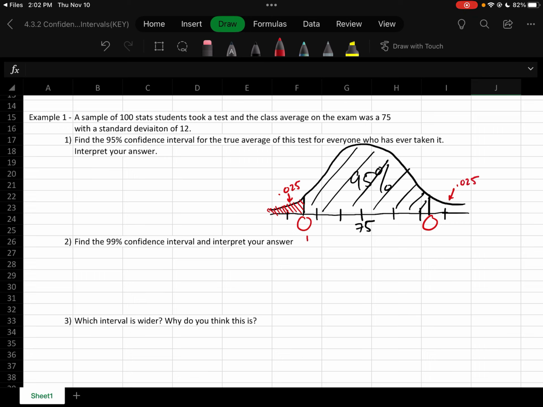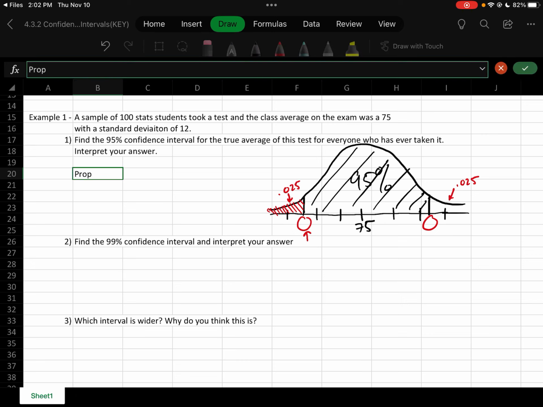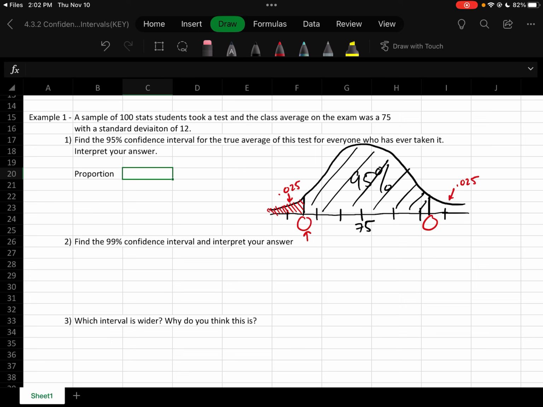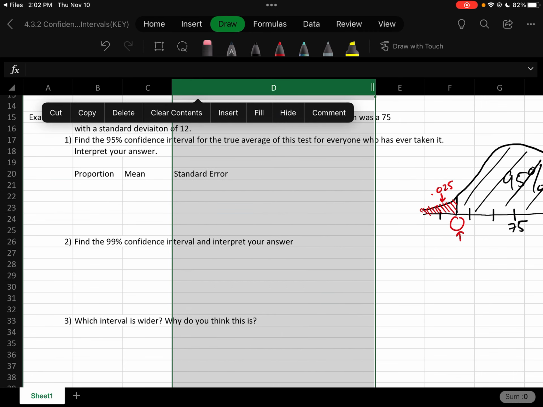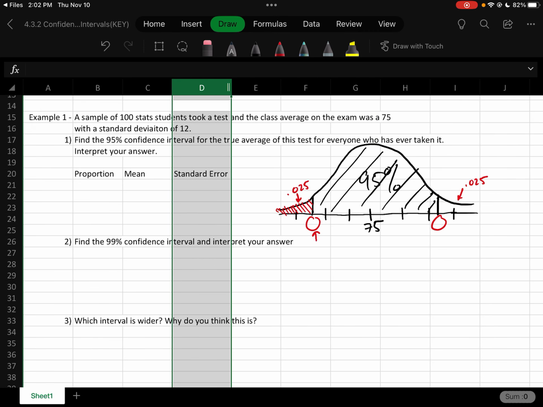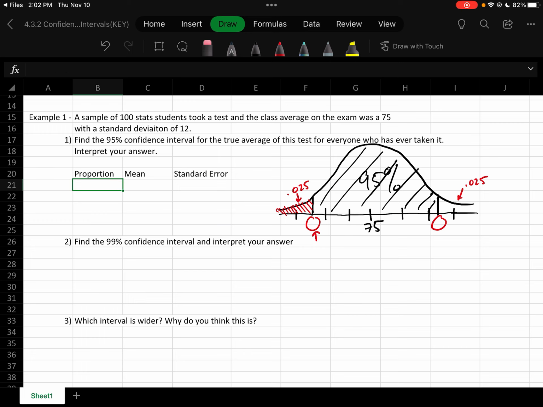So to find this value first, what we're going to do is use our norm inverse function. So I'm going to write down what my proportion is, what my mean is, and what my standard error is. Because remember, this is a sampling distribution. Okay, so my proportion here for the first value, this value here, that's the one I'm finding first.